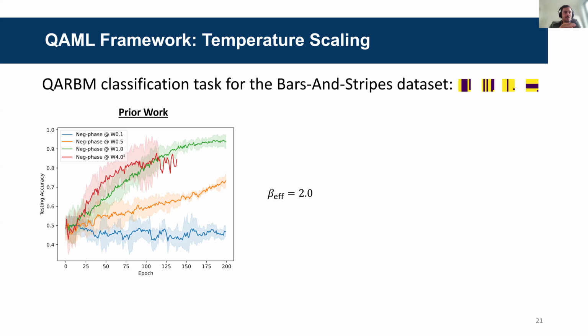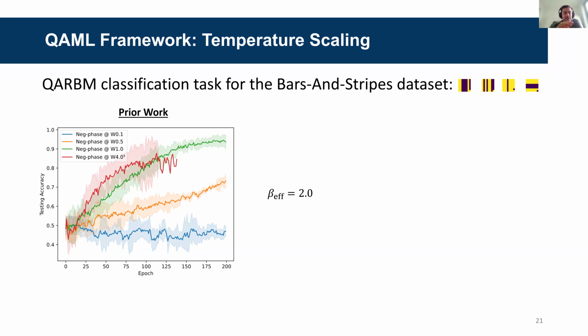And each color is a different parameter range. So we initialize those values with different weight ranges. This shows how critical it was, without using our method, to tune the weights. With models initialized with small values, gradients tend to vanish from the temperature scaling.